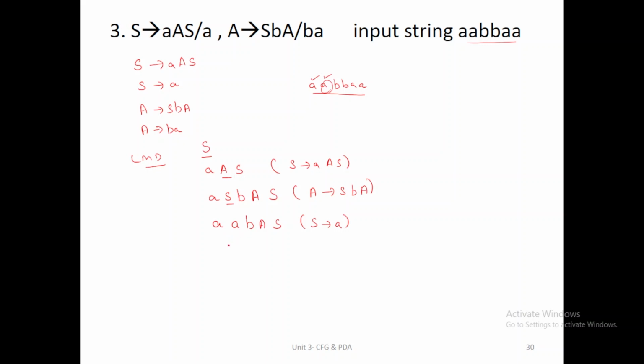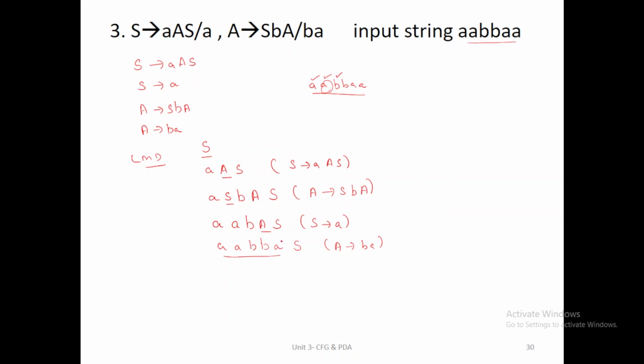Now the first 3 letters are terminal symbols, so it is derived. Then you check the next immediate left side value. It is capital A. So either you can substitute the first production of A or the second production of A. I am in need of the fourth symbol, B. So I am using the second production of A. So A implies BA.